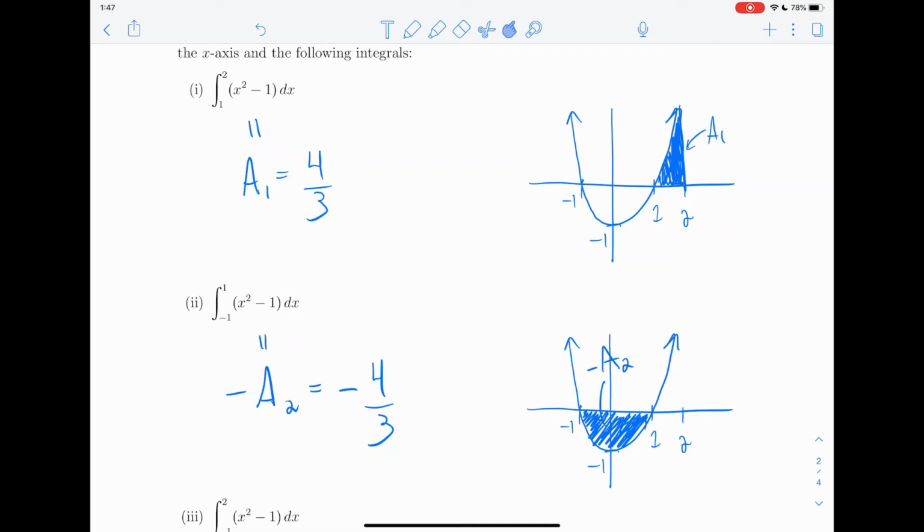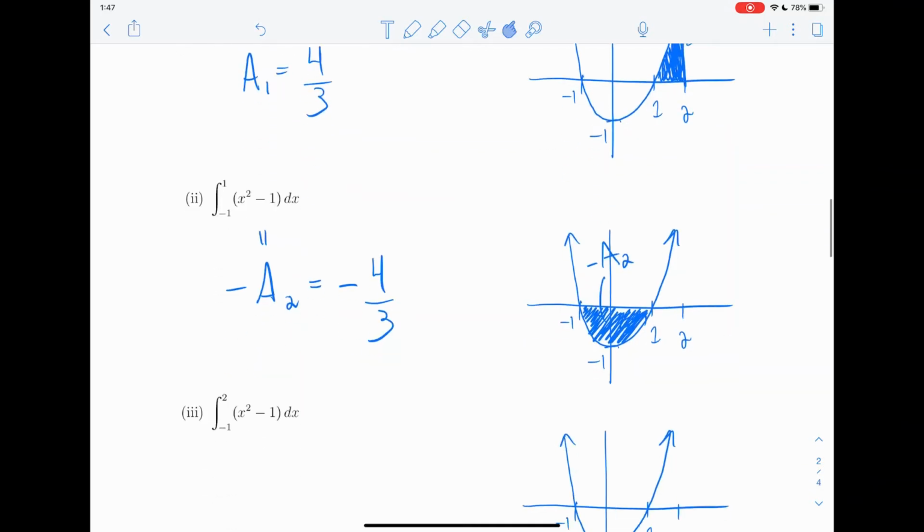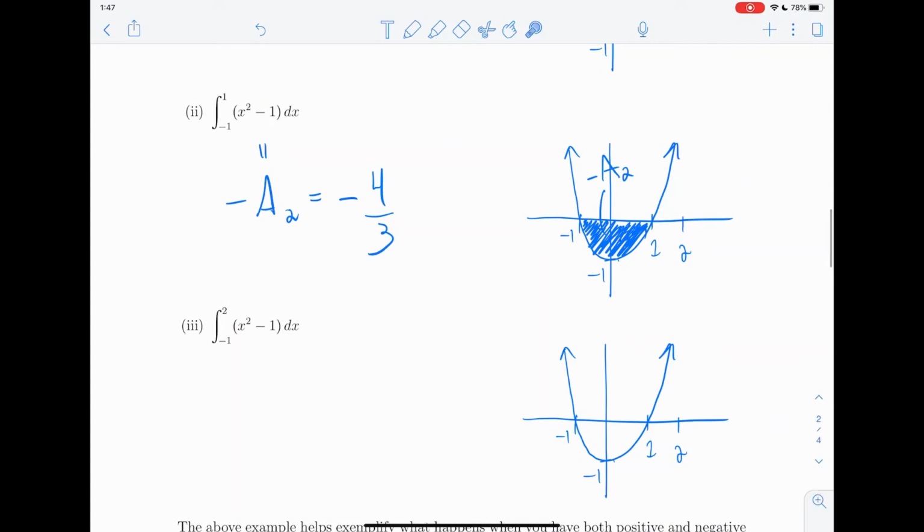So what that means now is if instead I wanted to compute the same function, but now I want the integral from -1 to 2, that's going to be, well, -1 to 1 was this region underneath the x-axis, and 1 to 2 was this region we first encountered from 1 to 2.